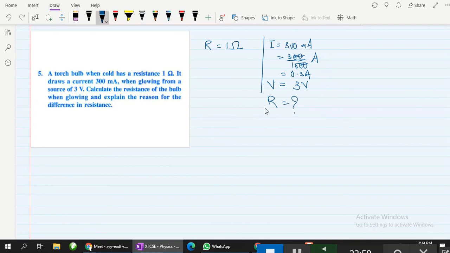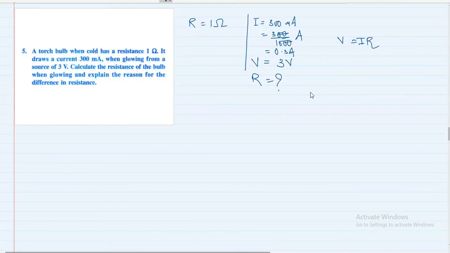तो यहाँ पे हमें कुछ करना नहीं है, सिर्फ इसका रेजिस्टेंस ढूंढना है. तनीषा, can you help me? Yes, sir. How do I do it? So we'll apply the formula V is equal to IR, by Ohm's law. Now we'll put the values.